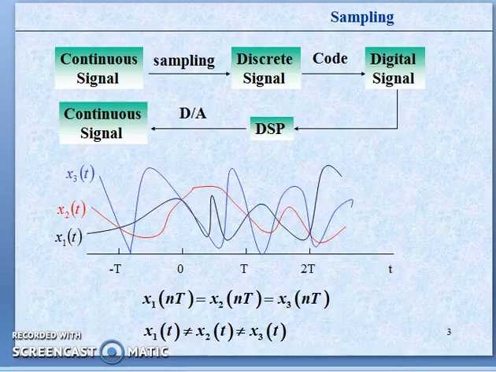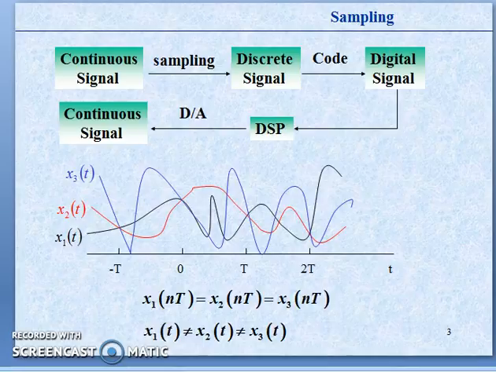I want to convert it to digital to have two levels, so I'll opt for a concept called encoding. The digital data available after sampling, quantization and encoding will be passed to a digital signal processor, where we can implement a lot of signal processing algorithms. Before giving it to the destination, I must convert this digital data back to analog, so I'll use a digital to analog converter to get back the continuous time signal.